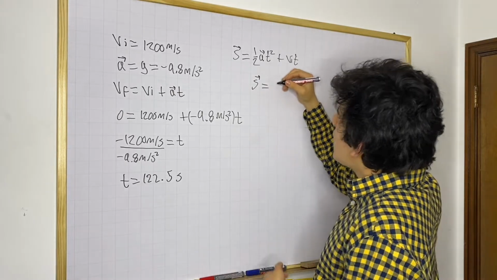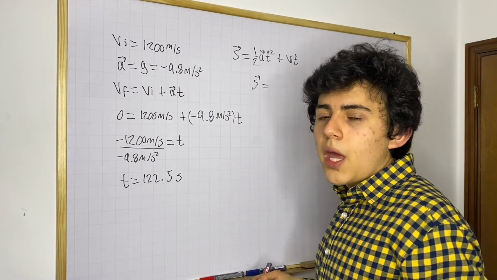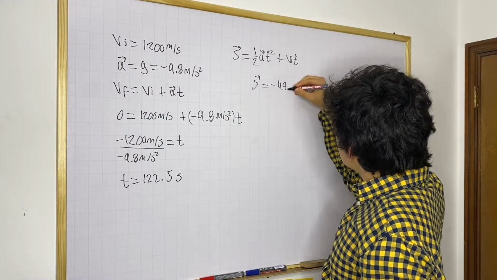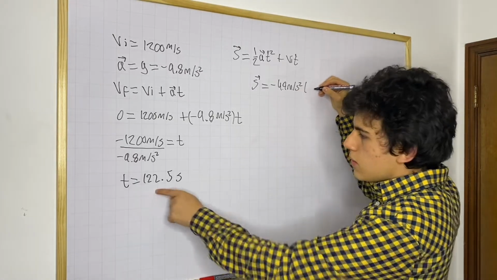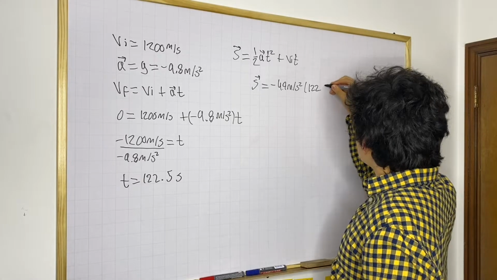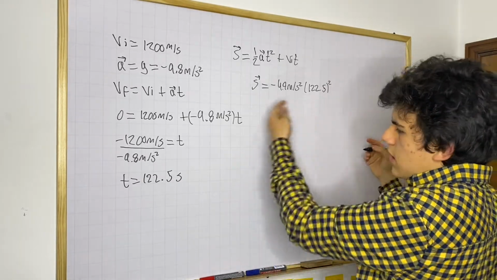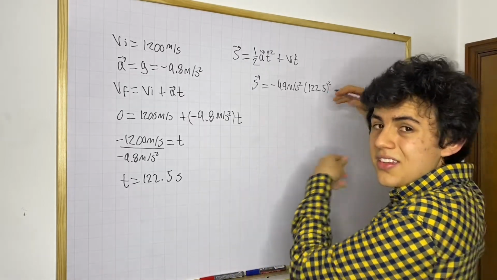We know a is equal to 9.8. Divide that by 2, that would be negative 4.9. Negative 4.9 meters per second squared times, we know this value right here, 122.5 seconds. I forgot the seconds, but it's time. It's the term that is squared.